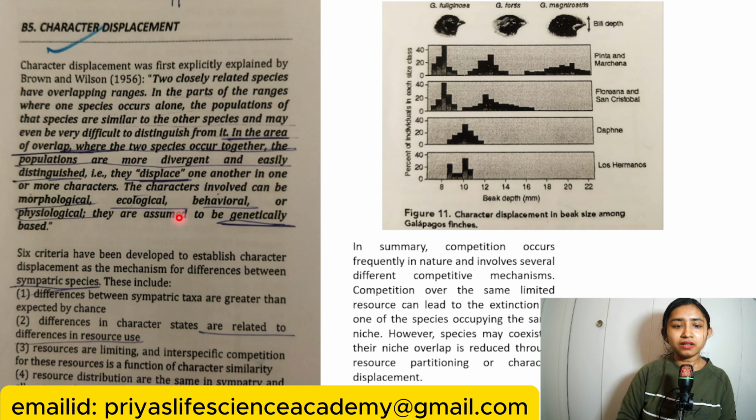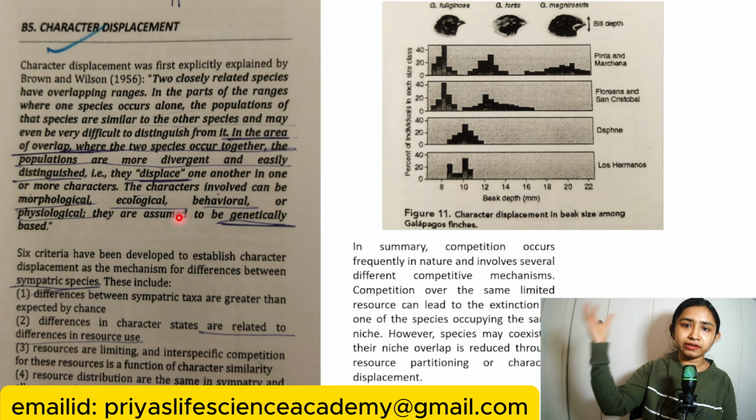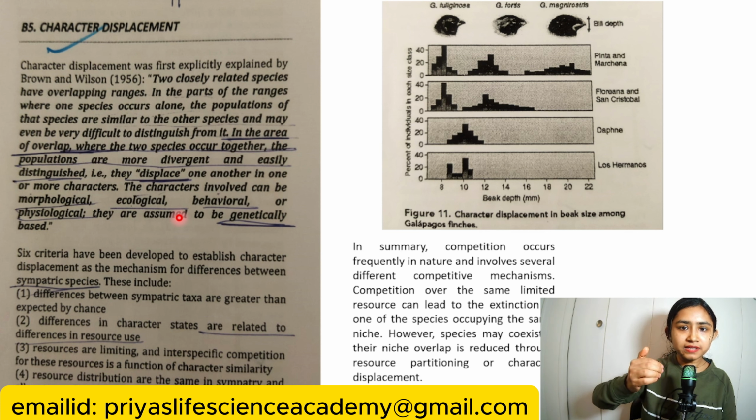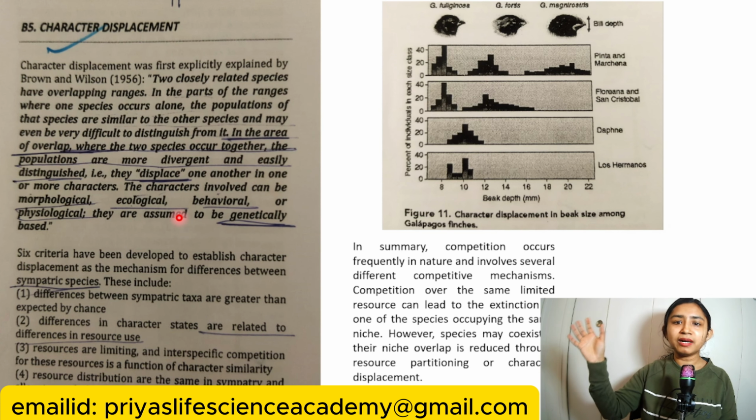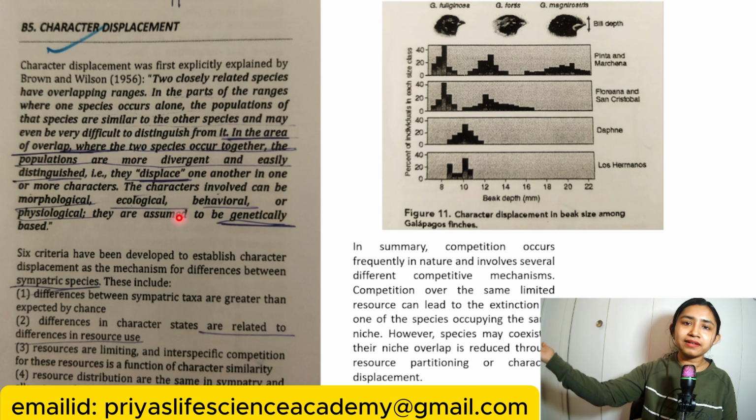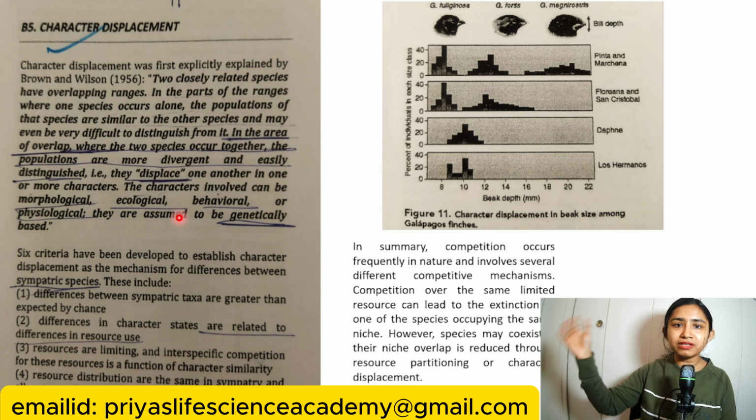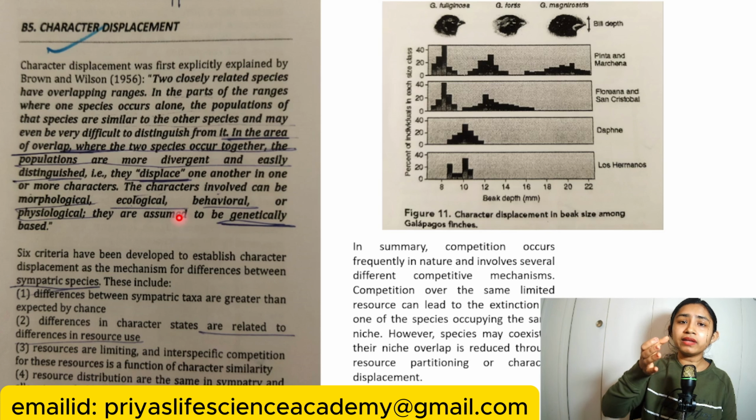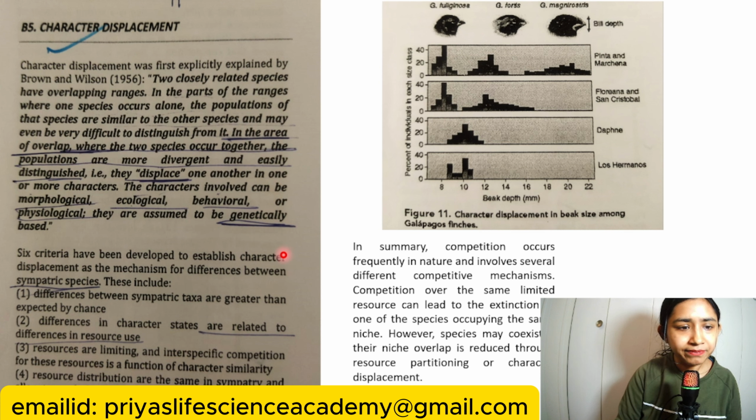For example, Geospiza fortis and Geospiza fuliginosa are much more different when they are in the same land, but when they occur in different lands, they are much more similar, because when they are in different lands there is no competition, and because there is no competition, there is no point of changing their features. But when they come together in the same land, these two species need to change their morphological features in order to avoid competition. Okay, here you can see these three species changing their bill depth.